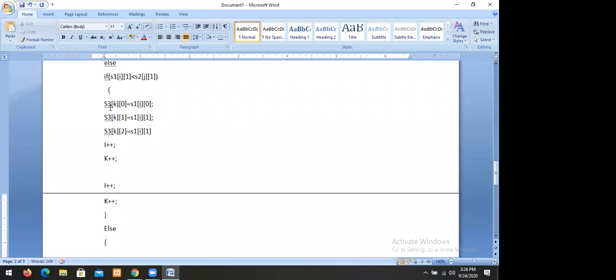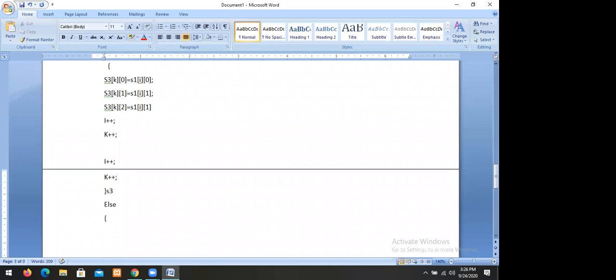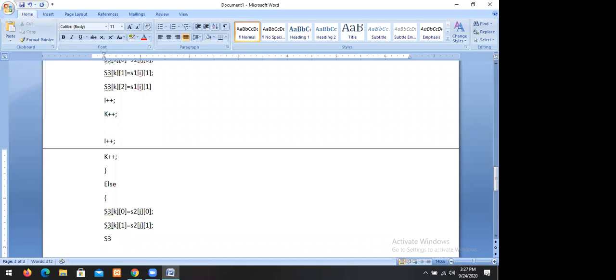Else, move S3 of k 0th column equal to S2 of j 0th column, S3 of k first column equal to S2 of j first column, S3 of k second column equal to S2 of j second column. Then j plus plus, then k plus plus.